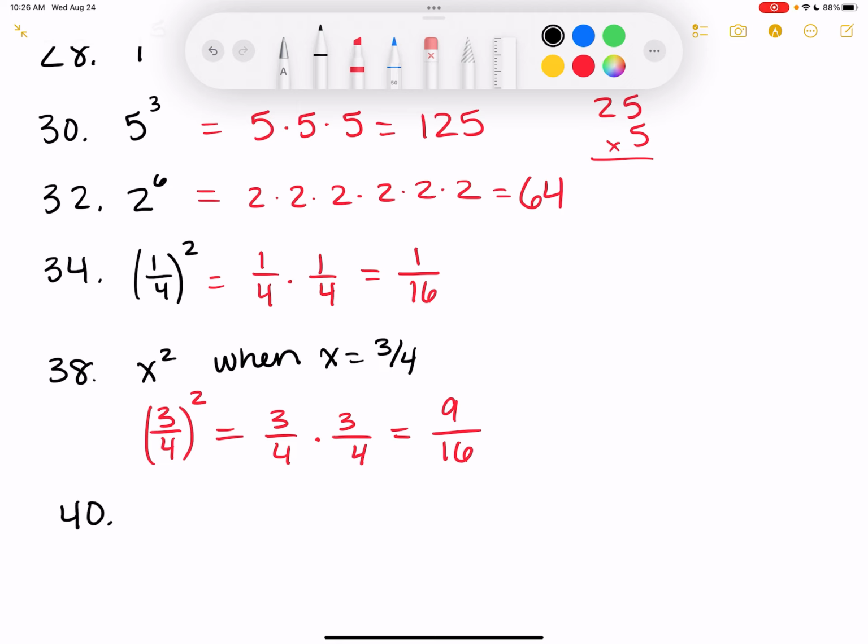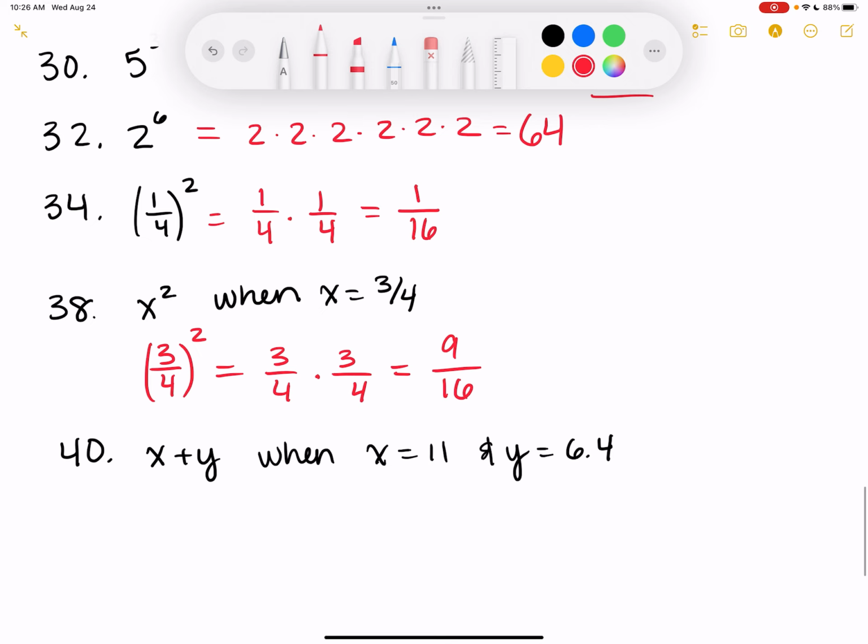So with this one, it's x plus y when x equals 11 and y equals 6.4. So I'm going to replace x with 11 and y with 6.4. So I have 11 plus 6.4. And what would that be?